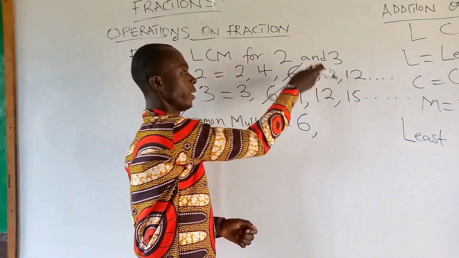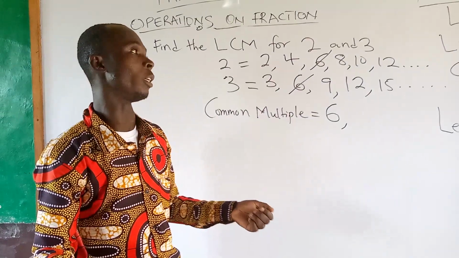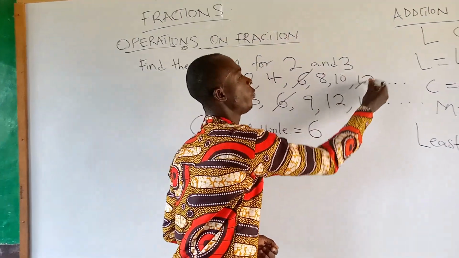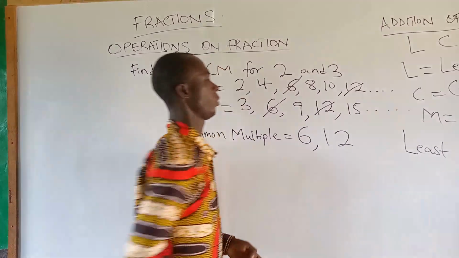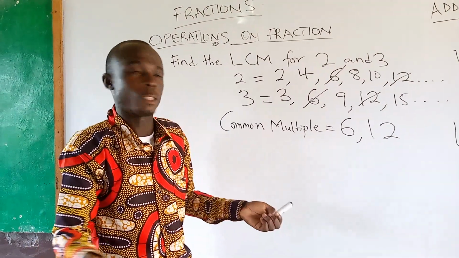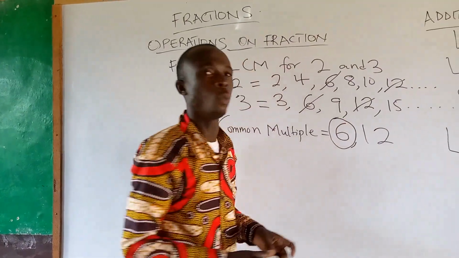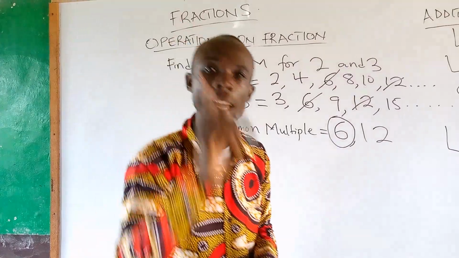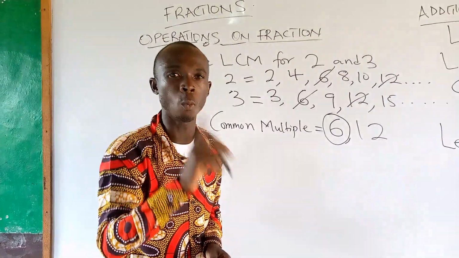8 is here. 8 is not here. So we don't have common multiples for 8. But 12 here, 12 here. So 12. And the clue for this one is that once you see the first common multiple, that one is your least common multiple.